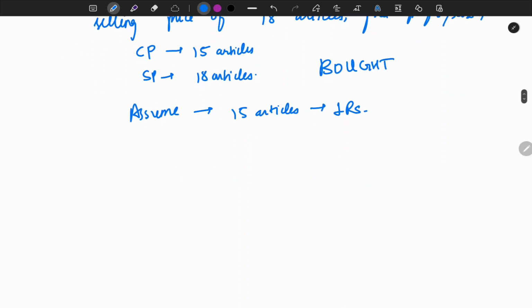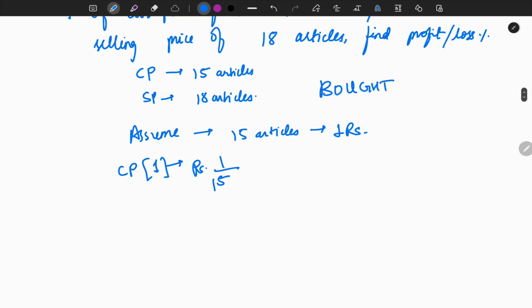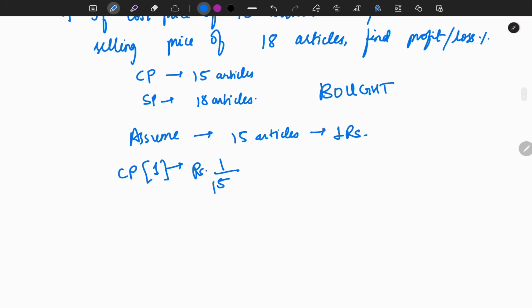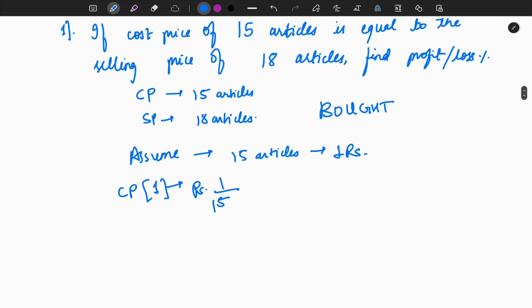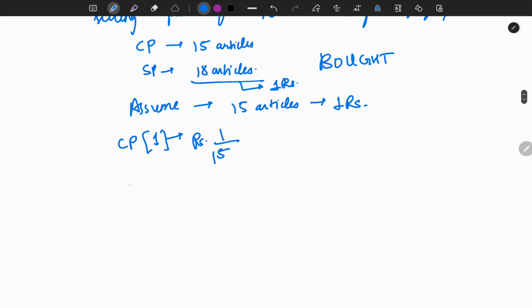So the cost price of one article would be 1 upon 15 rupees. This is the CP of one article. Now that is equal to the selling price of 18 articles, so you sold 18 articles at 1 rupee. So your selling price of one article would now be rupees 1 by 18.